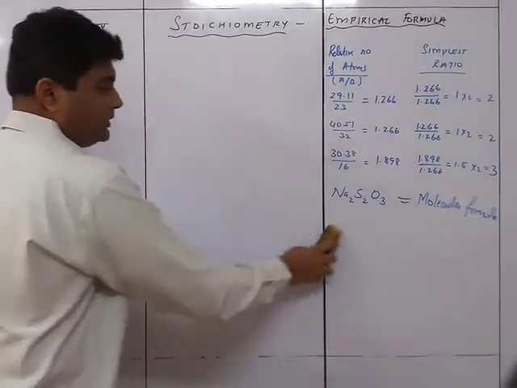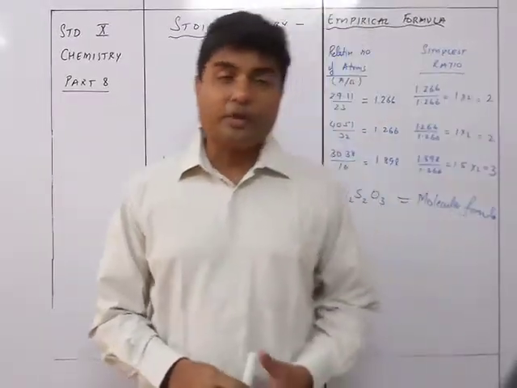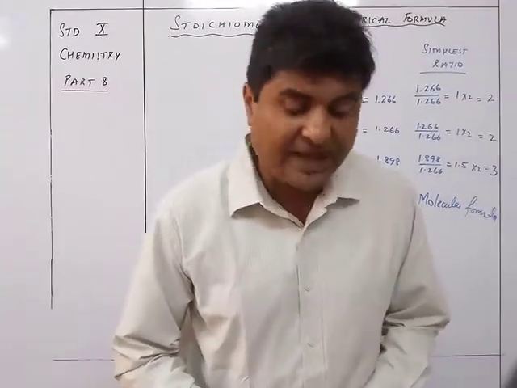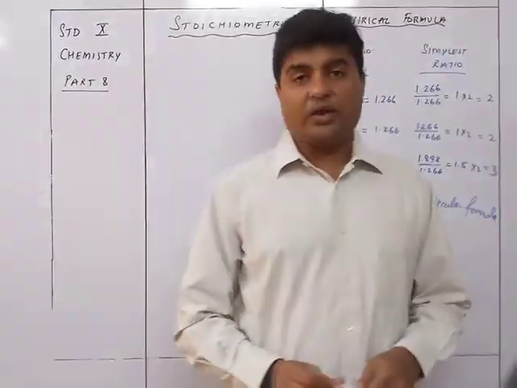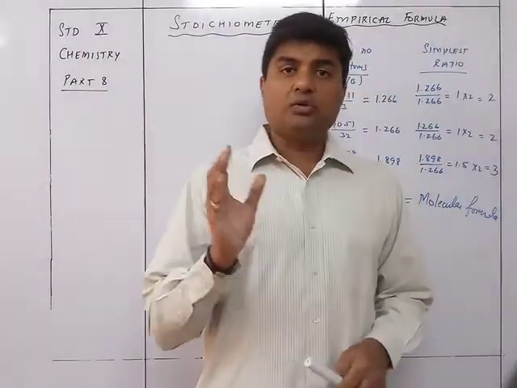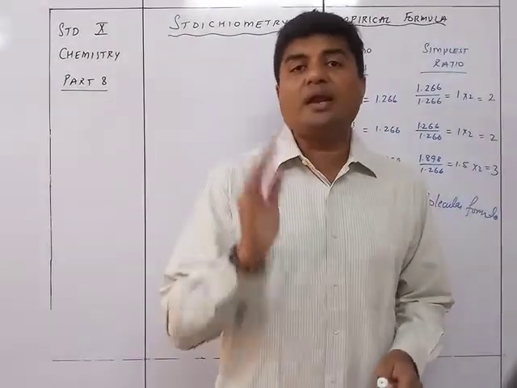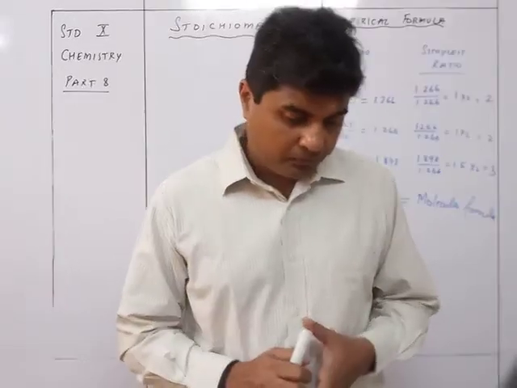So now we want to determine the molecular formula. Molecular formula is the chemical formula which represents the actual number of atoms of each element present in the molecule of a compound. So empirical formula is the smallest ratio, whereas the molecular formula is the actual number of elements present in that particular compound.